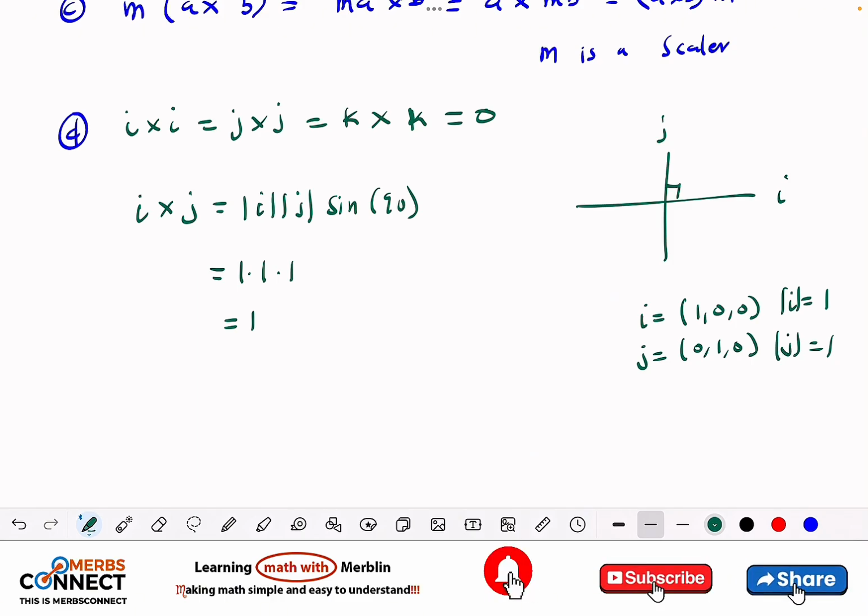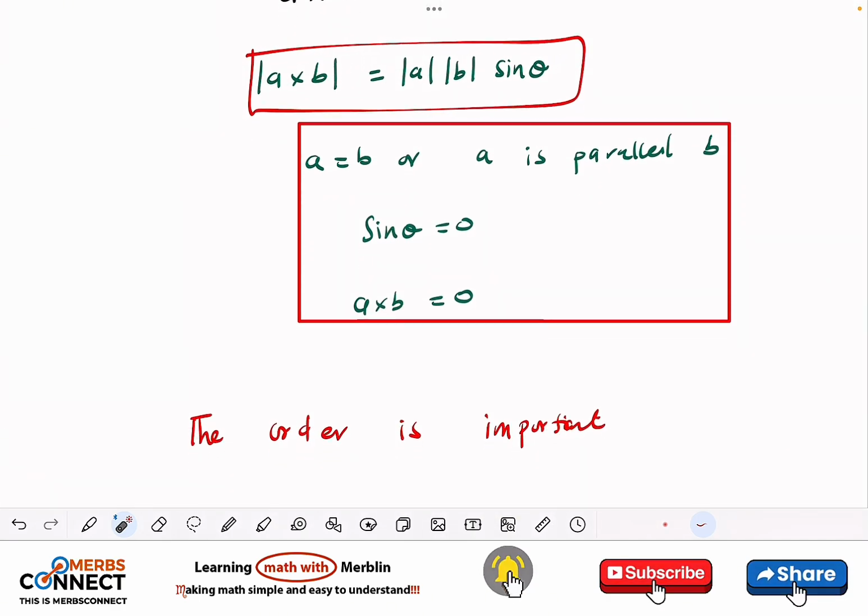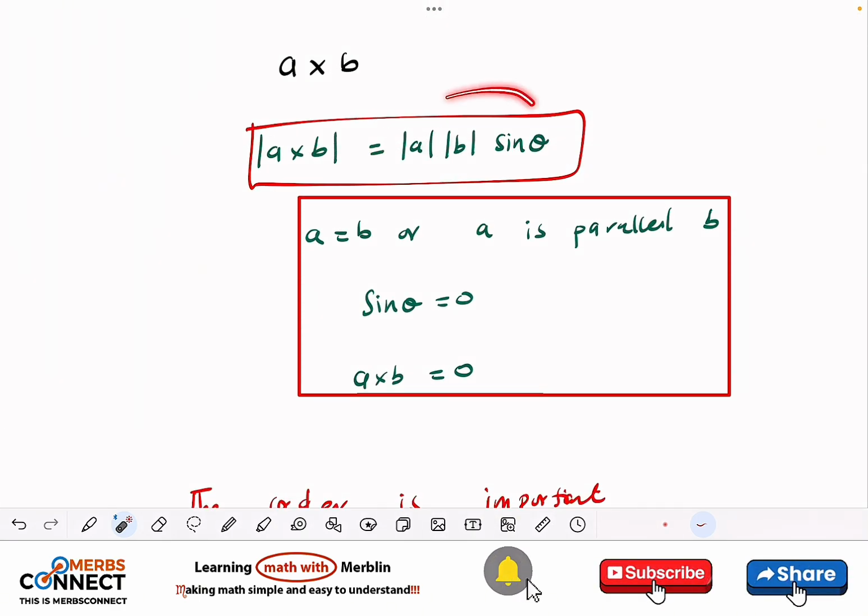Do you get it? But let's do something basic here that is going to help us see what we are going to do. Remember we are in 3 dimensions, not 2 dimensions. So when I do this, picking this one to be 1, this one to be 1, and this one to be 90, I'm going to get 1. But when I cross this and this, I'm not going to get 1 from what I'm getting from the function here.